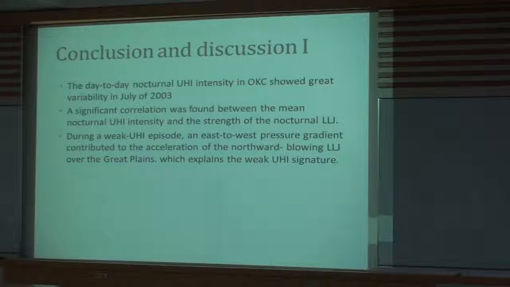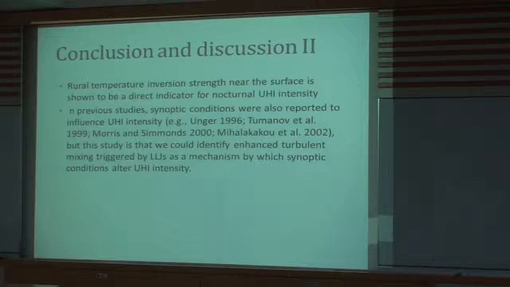During this weak UHI episode, the east-west pressure gradient contributes to the acceleration of the northward-blowing low-level jets over the Great Plains, and we use this to explain the weak UHI signal.